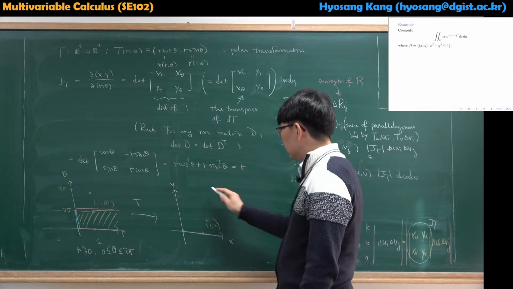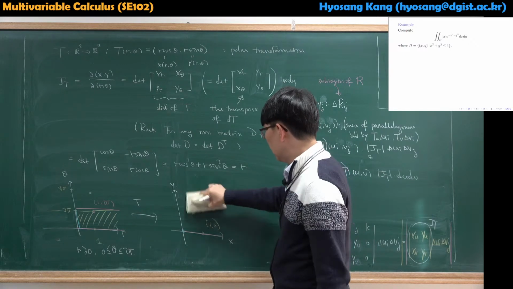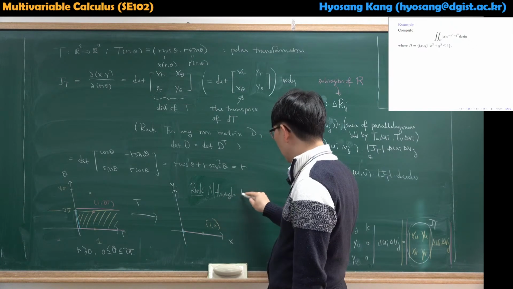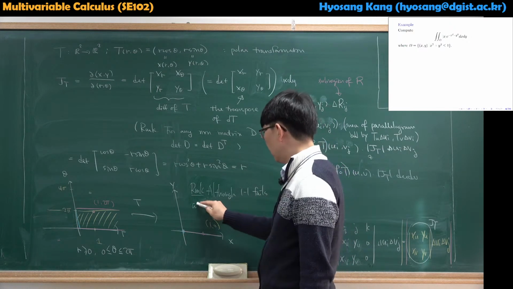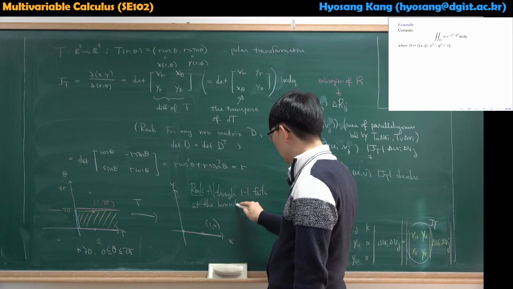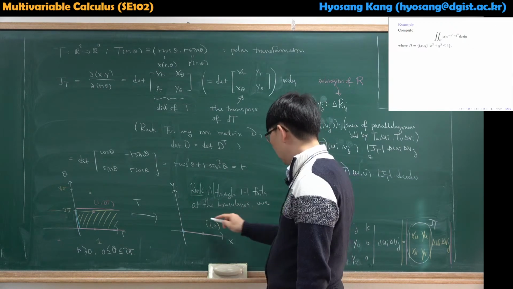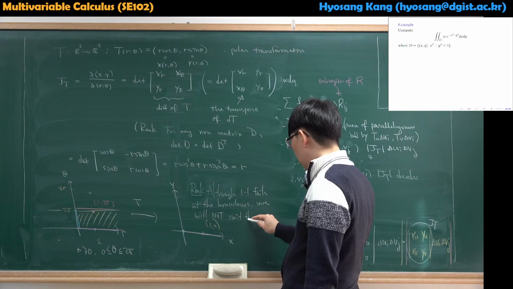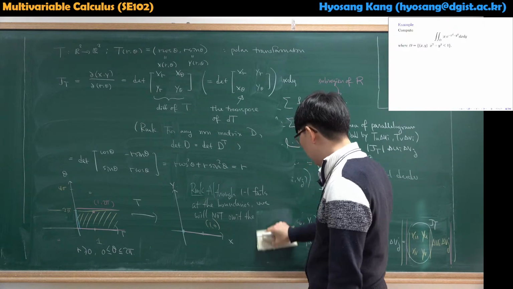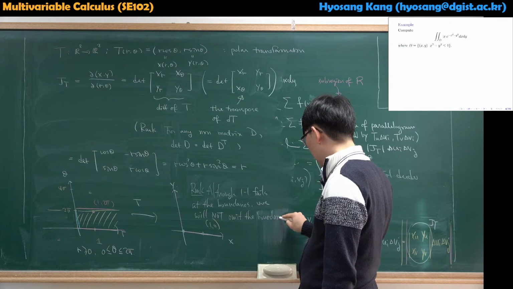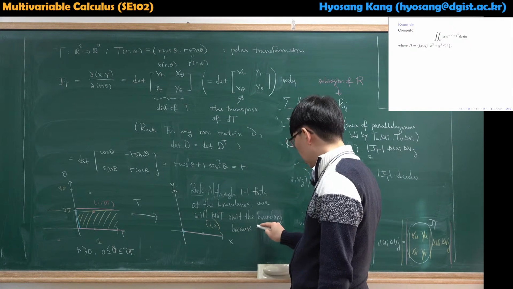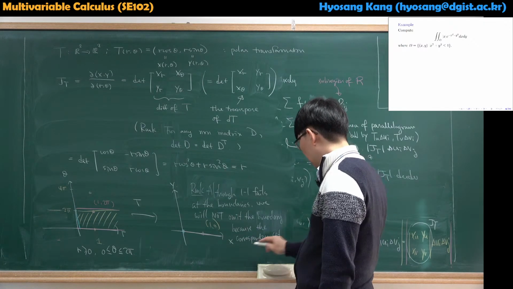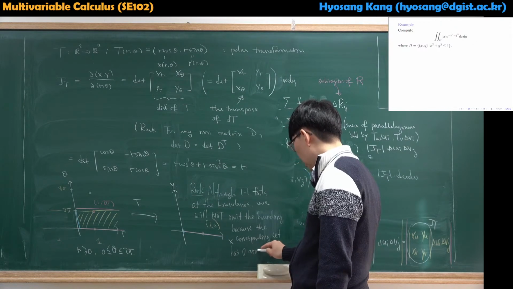So let me write that out. So the remark is that although one-to-one fails at the boundaries, we will not omit the boundary because the corresponding set has zero area.